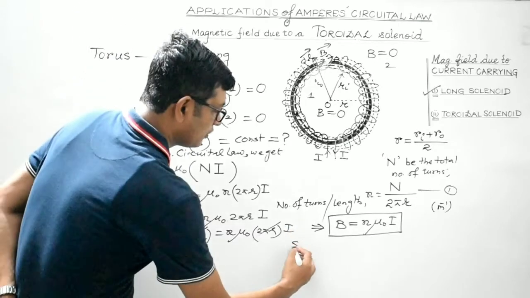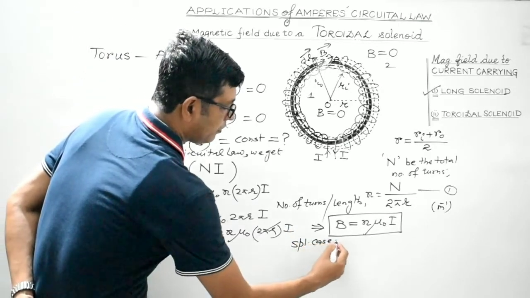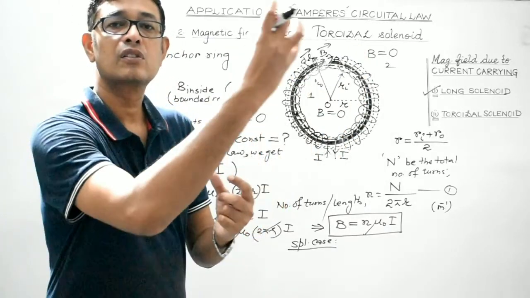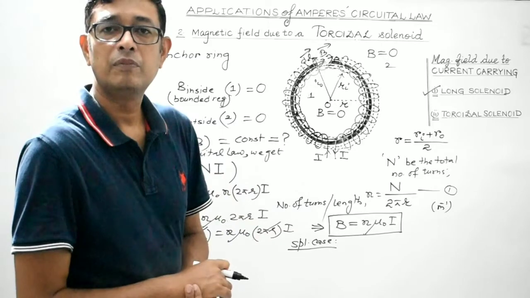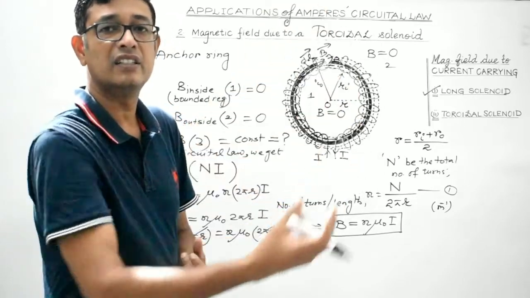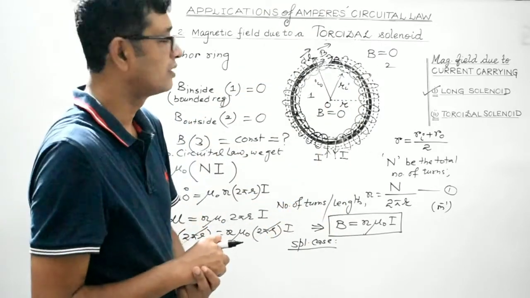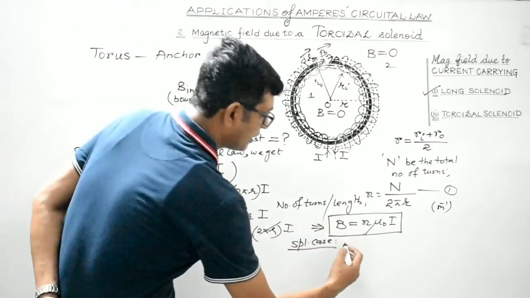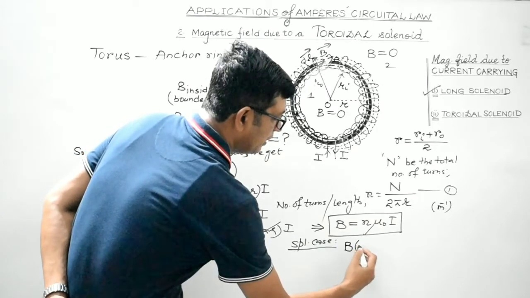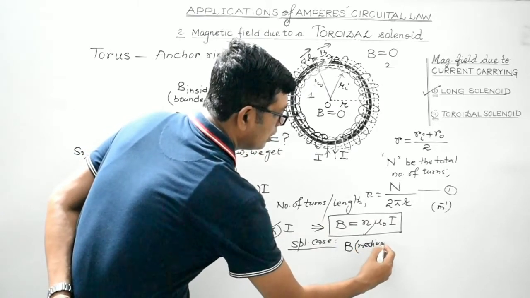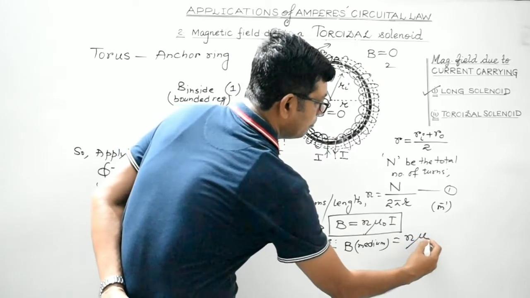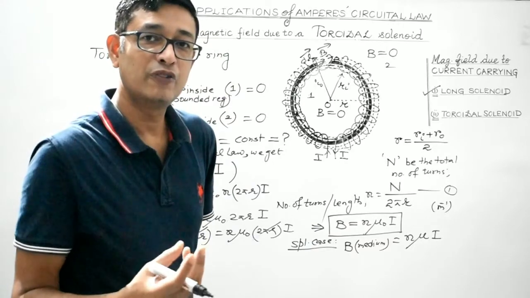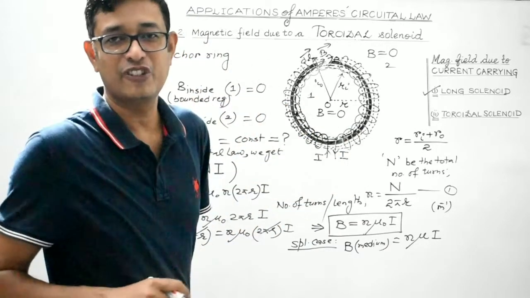And as students, we have discussed, in case a material of permeability mu is inserted inside this core, in place of air or vacuum, then the expression becomes, in case of any medium, n mu I. This will be the absolute permeability of the material of the medium under consideration, right?